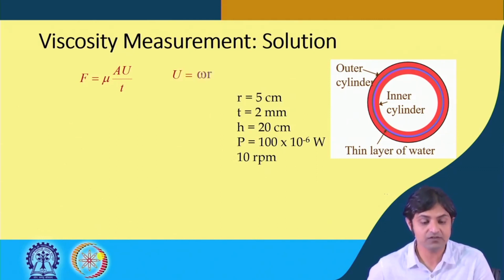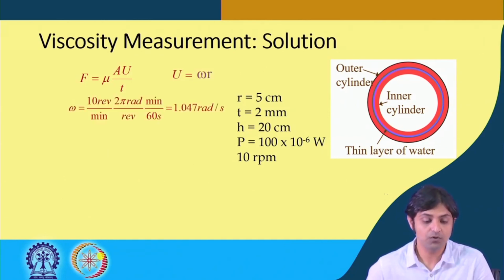U in this case will be r omega, or omega into r. So what actually is omega? Omega is 10 revolutions per minute into 2 pi radians by revolution into minute by 60 second. If you do this calculation, it will come out to be 1.047 radians per second. Omega can be directly obtained from this RPM value.